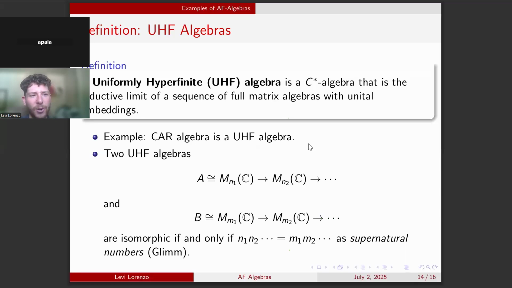Just slowing that down for a second: when you have a UHF algebra, you have a matrix algebra of a certain dimension at each level. If you look at the numbers on these dimensions, a supernatural number is basically a formal product of infinitely many natural numbers. You can think of it as having an infinite prime factorization, and if the infinite prime factorizations are the same, then the supernatural numbers are the same.